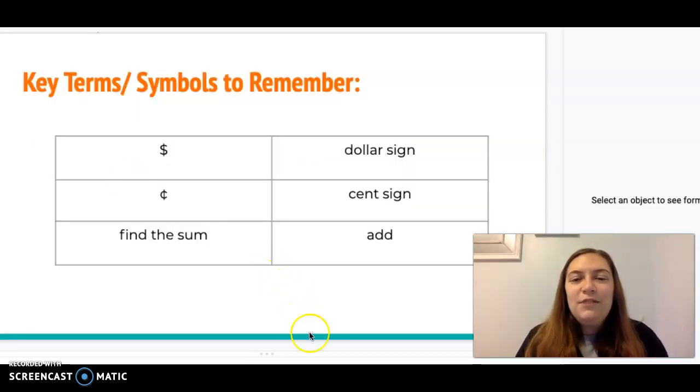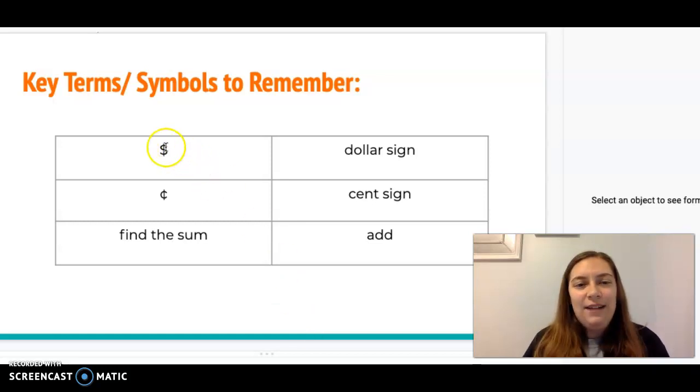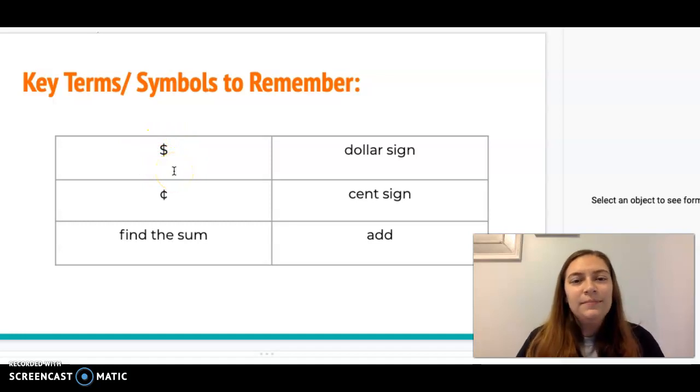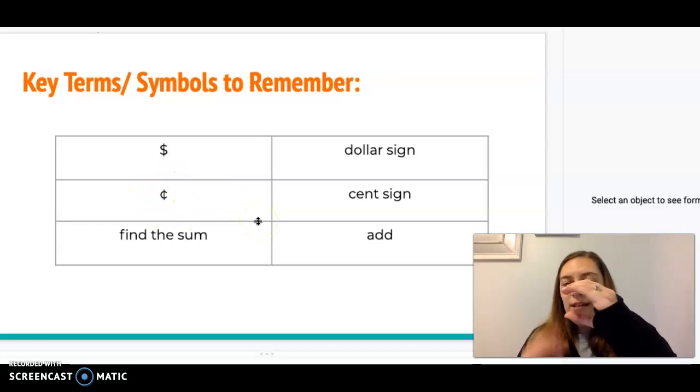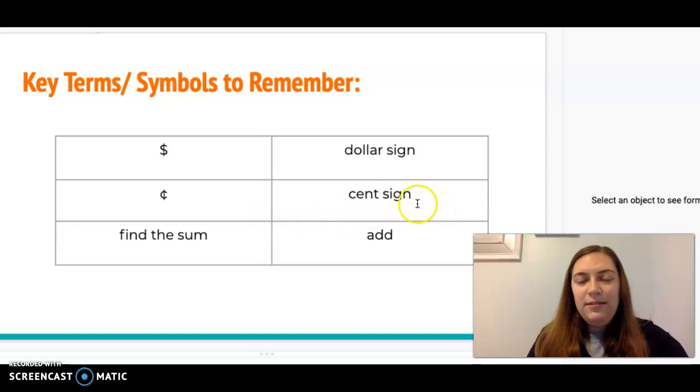Okay, so first I want to go over some key terms and symbols that you need to remember during this lesson. The dollar sign right here always goes before your whole number. The cent sign, which is like a C with a line through it, always goes after your number.